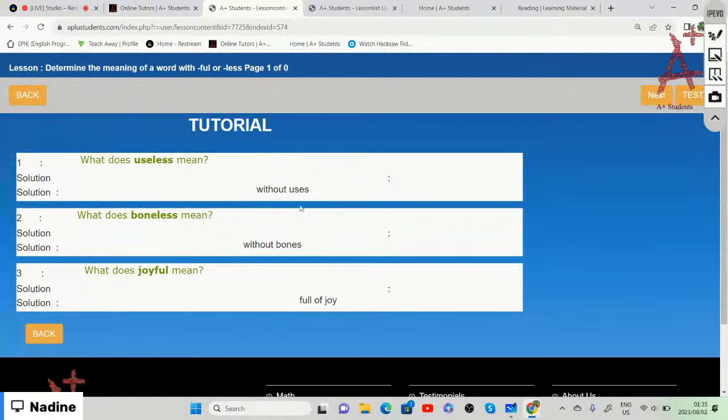It's without uses, we cannot use it. The same with boneless, right? So less then means without, because it is without bones. It is boneless.